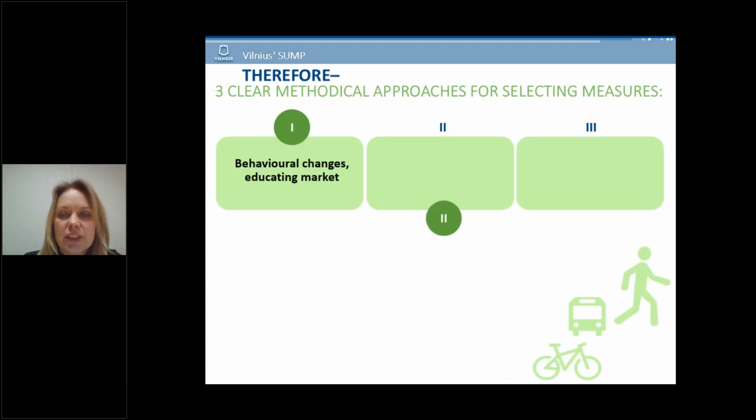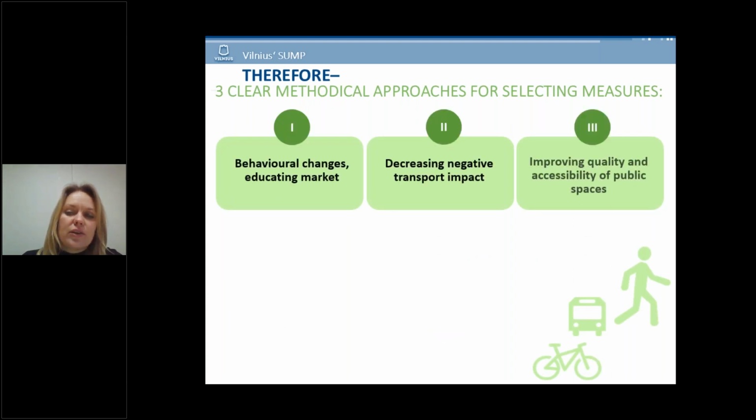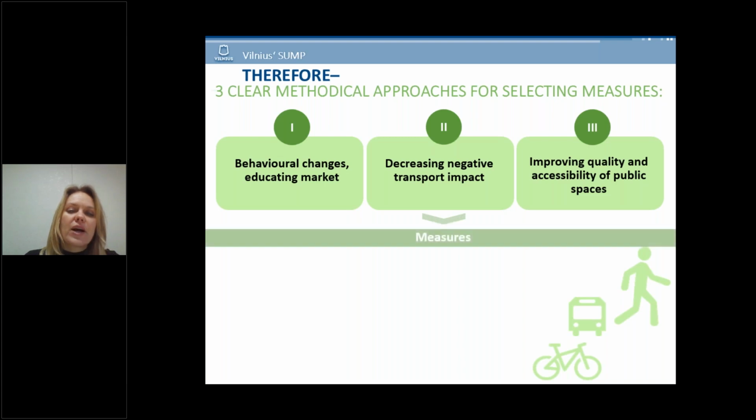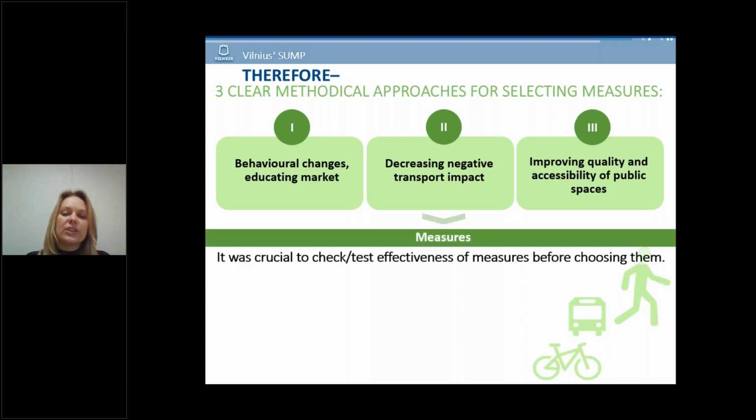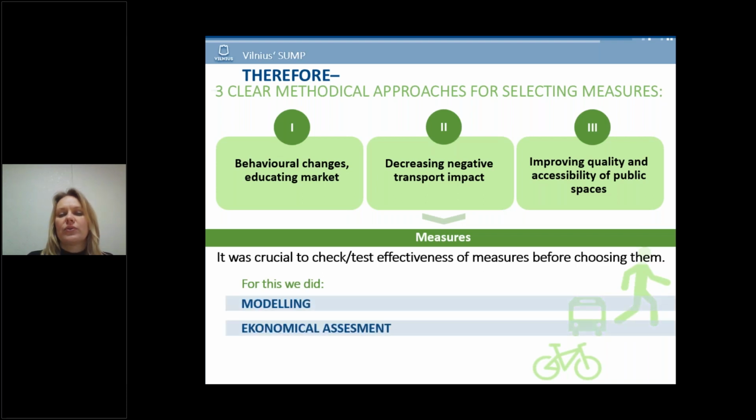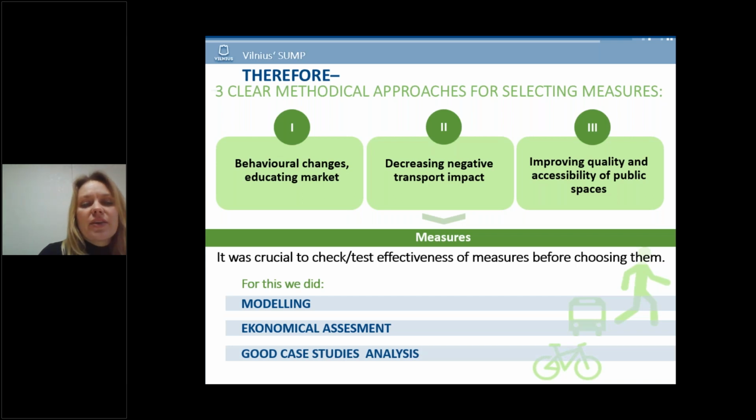For selecting measures, of course, we had in mind the effectiveness we want to achieve, and most of our measures were really about changing behavior and decreasing negative transport impact, but also about improving quality of life and accessibility to spaces. So while selecting measures, we were thinking about these 3 major expectations for the measure.